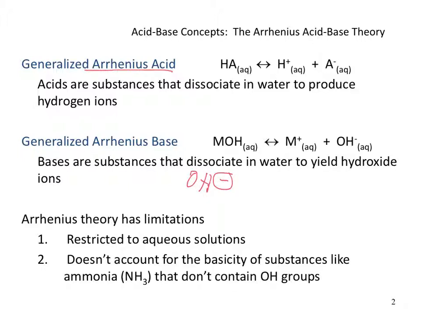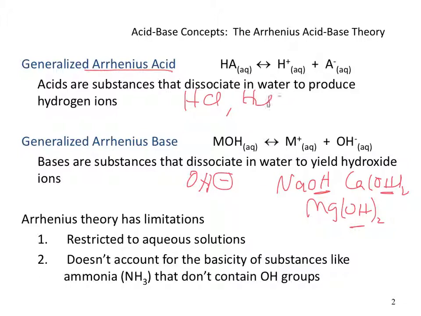So something like NaOH, Ca(OH)2, magnesium hydroxide, anything that has the potential in its structure to give you hydroxide will be called an Arrhenius base. On the other hand, things like HCl, H2SO4, HNO3, which have the potential to give a proton, are called Arrhenius acids. This is something you should know from General Chemistry 1.